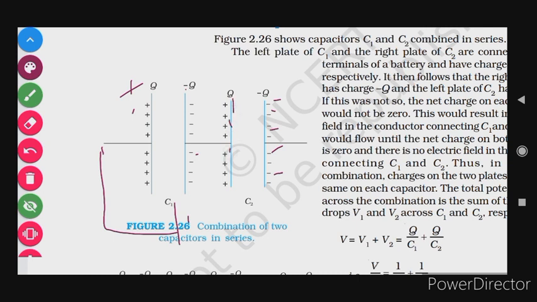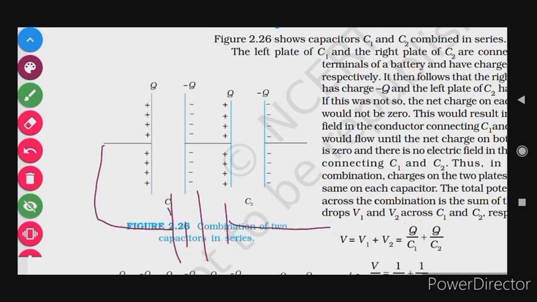How does this happen? I'll explain. Suppose I connect this battery. What will happen? Suppose the negative charge, or electrons, flow from there. Electrons flow from here, and minus Q charge is on this plate. Now, due to induction, the electrons here will be repelled by the charges that have been accumulated here.